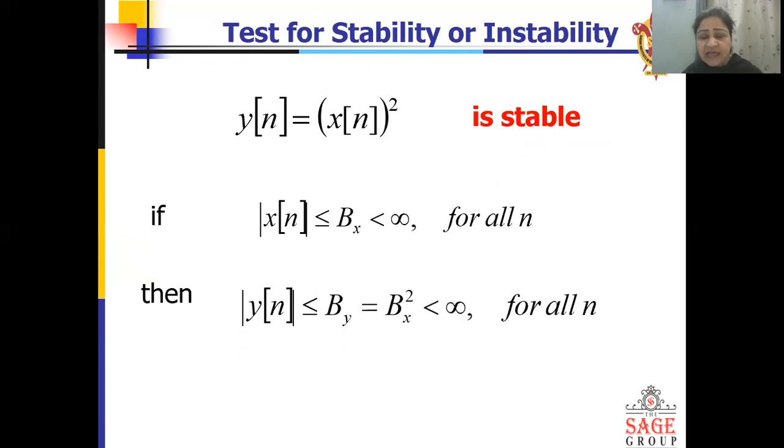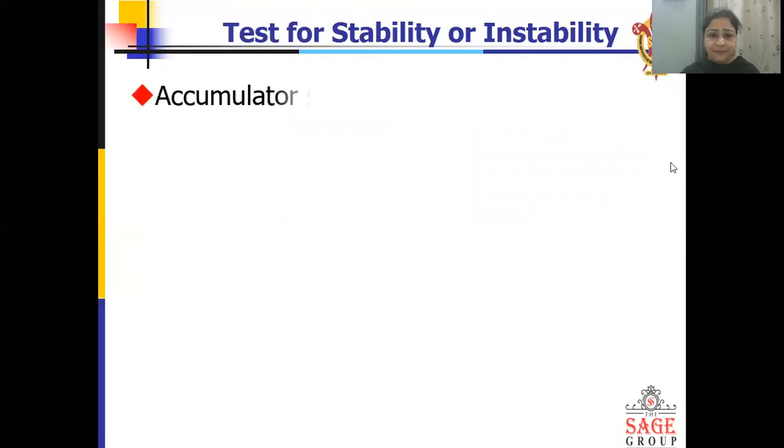Whenever I square the finite value, I'll again get a finite value. That means y[n] will also generate a finite value By, which should be less than infinity for all n. So in that case, if x[n] is bounded, y[n] is also bounded. Therefore, the system is stable.